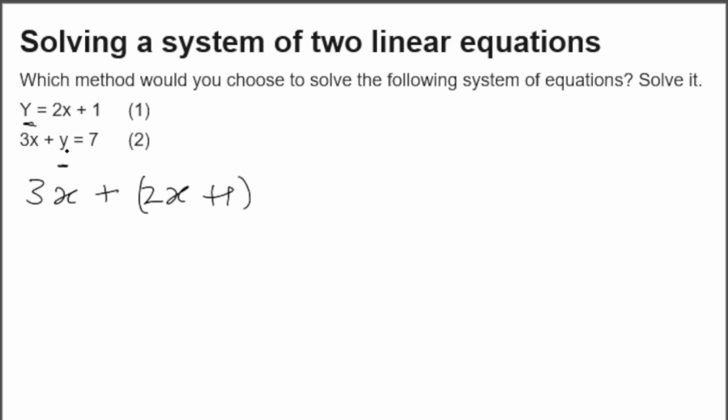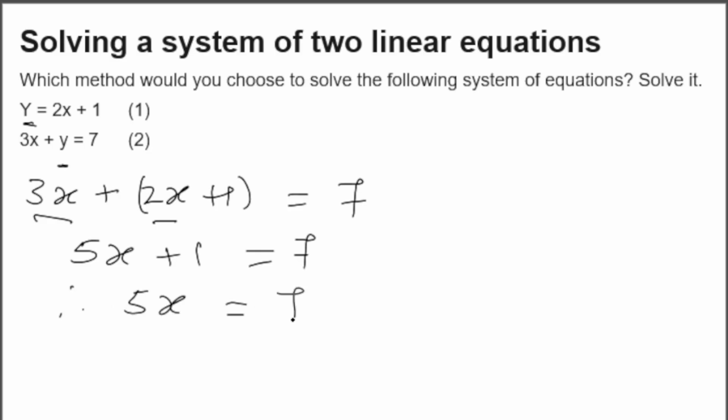This is the value of y, which we have kept in the second equation. And this is equal to 7. So 3x plus 2x is equal to 5x plus 1 is equal to 7. Therefore, 5x is equal to 7 minus 1, that is equal to 6.